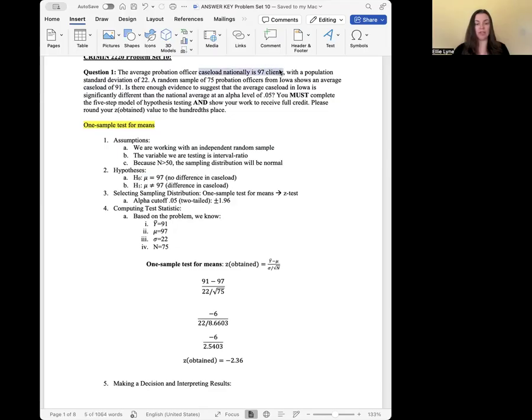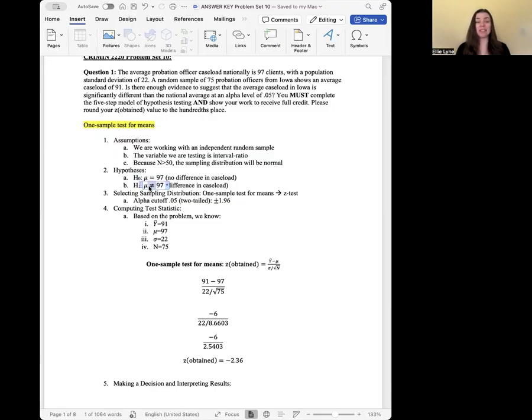Other key here for our research hypothesis or alternative hypothesis, and keep in mind I'll beat this one over the head because our null hypothesis, remember, is always our statement of no difference, so we're always going to have our equal sign here. But our second decision as well for our alternative hypothesis is what symbol are we going to have here?